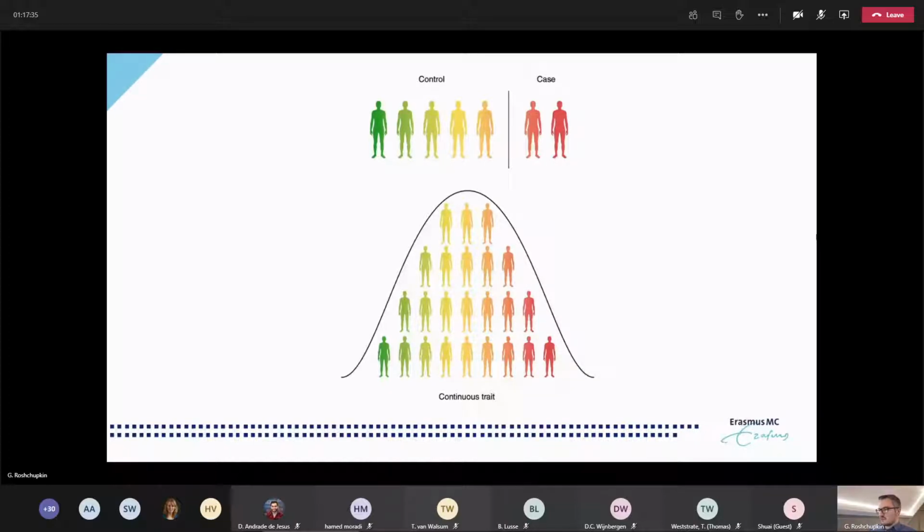But most of the time, one way or another, you have some underlying continuous measurement, because in clinical practice you just make a binary decision that you are sick or not sick. But of course there are a lot of processes going on in your body.